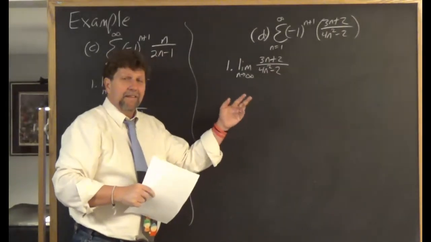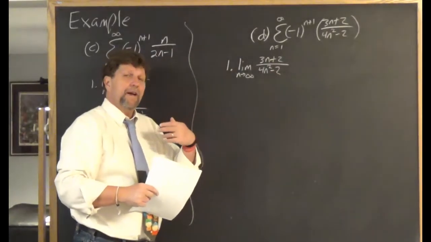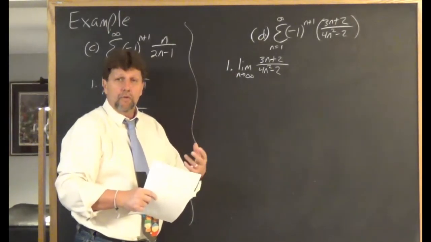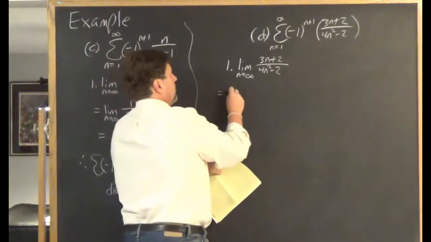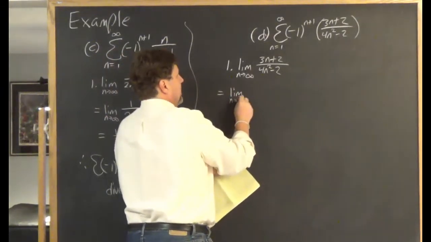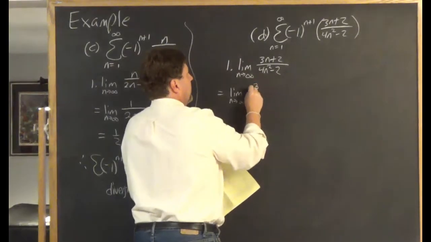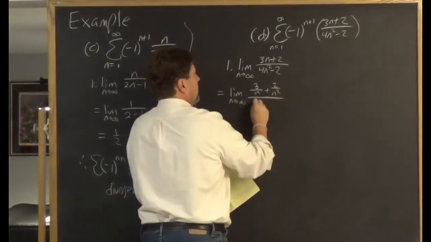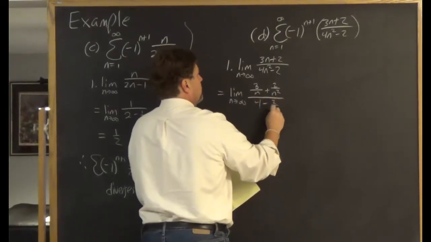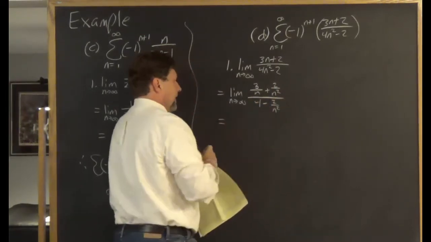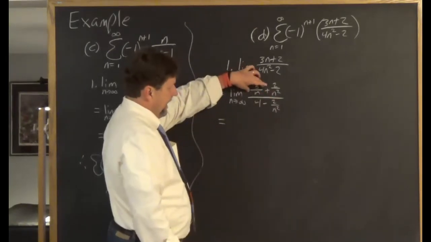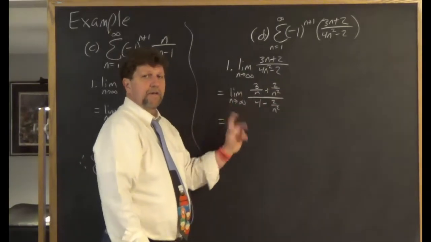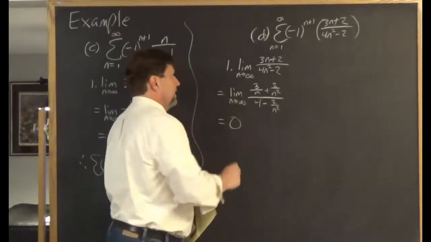In trying to find that limit, I would start off by dividing everything in the numerator and everything in the denominator by n squared. So that gives me the limit as n goes to infinity, 3 over n plus 2 over n squared, all over 4 minus 2 over n squared. Then as n goes to infinity, that's 0, that's 0, that's 4, that's 0, 0 over 4, 0.